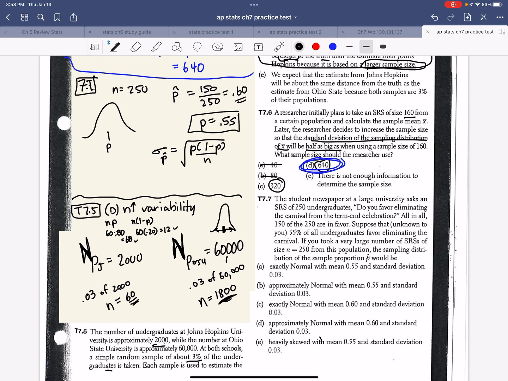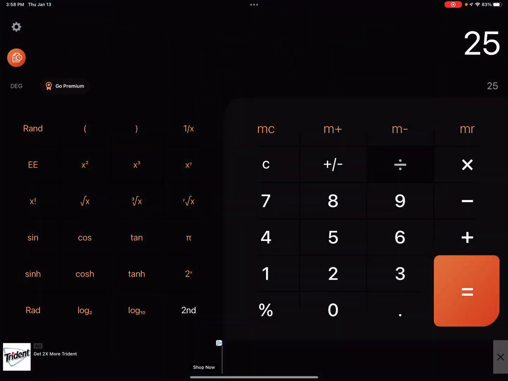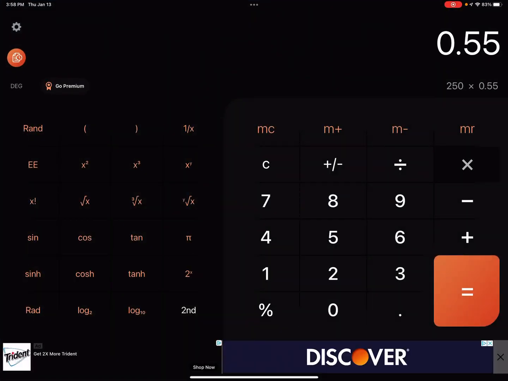All right. So we look here and it says it will be approximately normal. That would be true as long as this 10% condition is met. So N times P, and I'm going to use this number, right? 0.55 has to be greater than or equal to 10, and N times 1 minus P has to be greater than or equal to 10, so 250 times 0.45. So they're big, times 0.55.